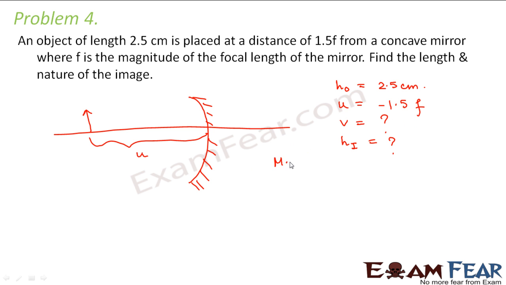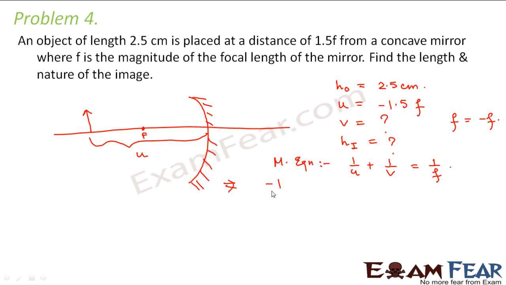Right? So let us make use of the mirror equation. From the mirror equation, 1 by u plus 1 by v is equal to 1 by f. In this case, the focal length is given as minus f, because the focus is somewhere here. Therefore, the focal length would be negative.